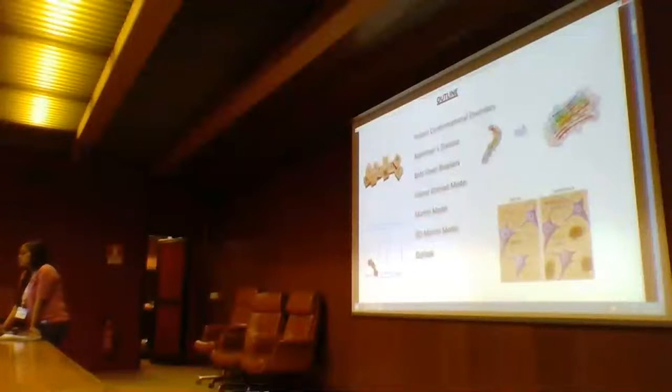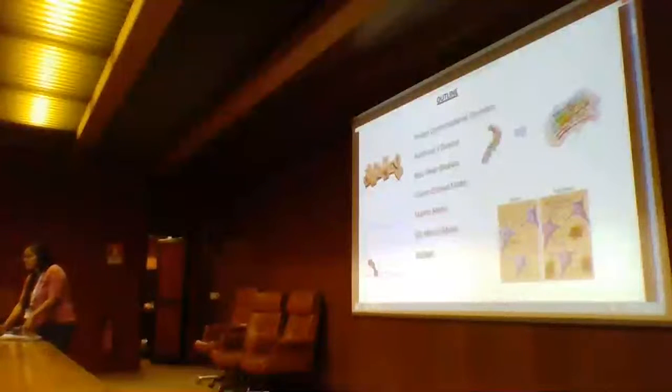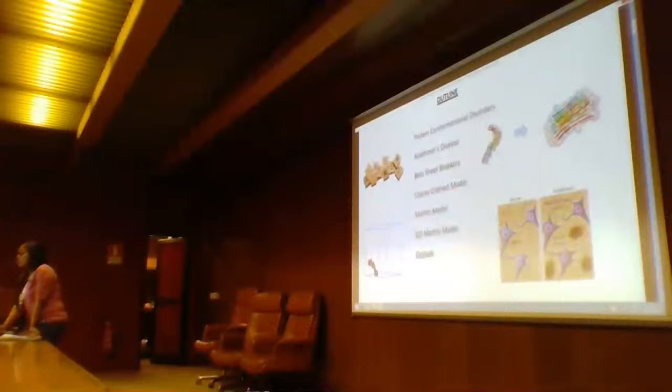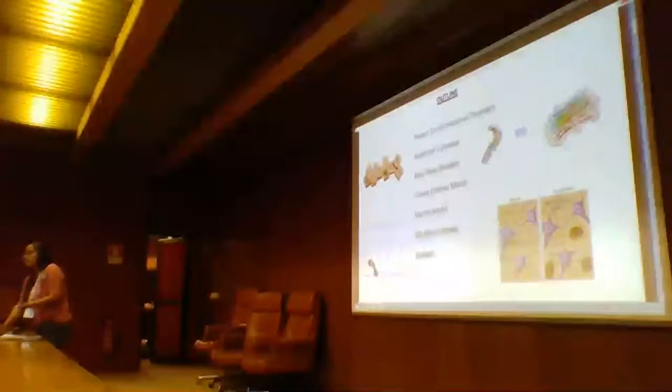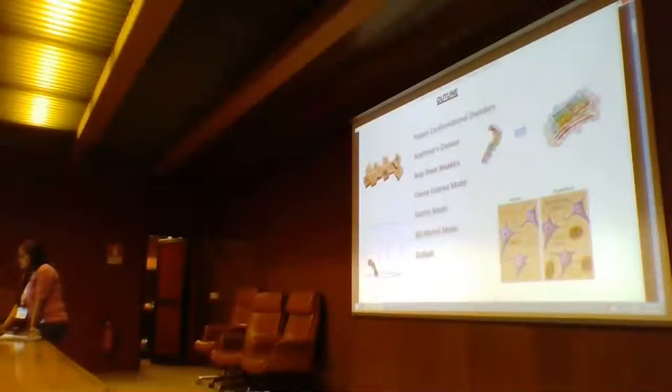Of the known coarse-grained models, the Martini model, the Martini force field is a well-known model, and I'll give you a description of the Martini model. There's a drawback of this model, that the secondary structure is not possible to see by this model. So the Go-Martini approach, and then I'll give you an outlook of the work.